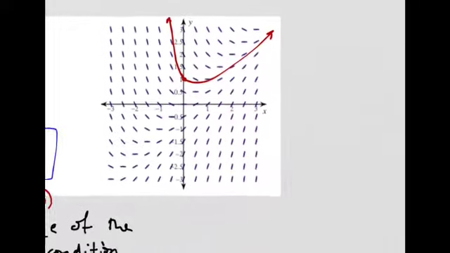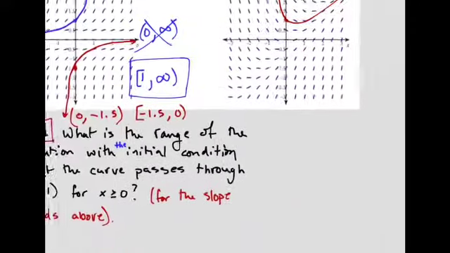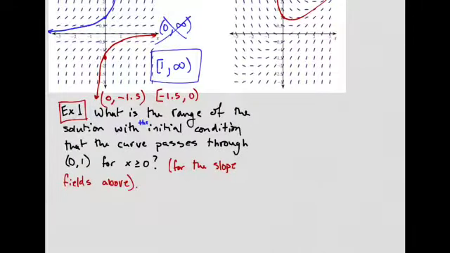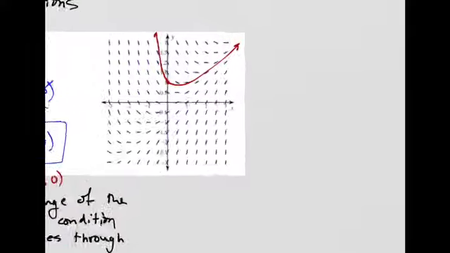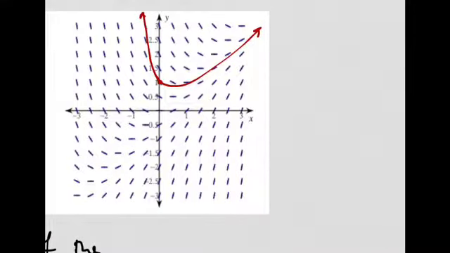And again, we're looking at the same thing: the range, the y values. So for x greater than or equal to 0, that's this side. And it looks like I actually can't tell what the lowest point is. So this was a bad question to present.